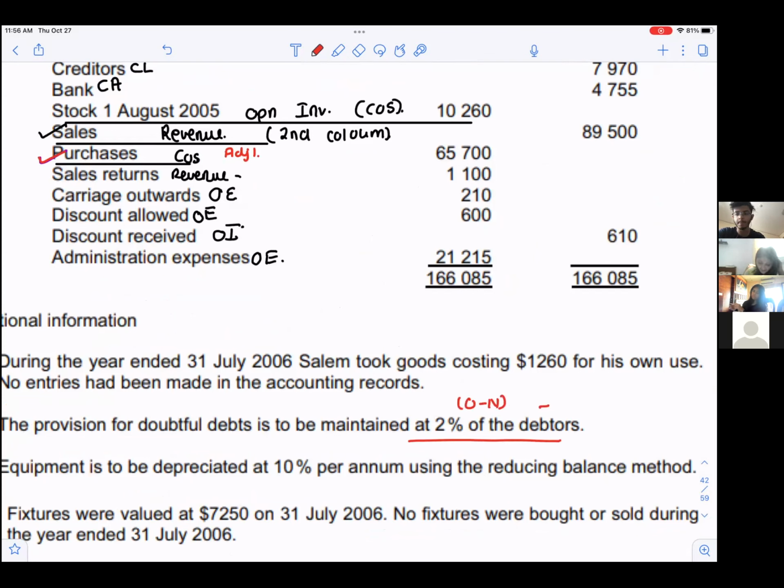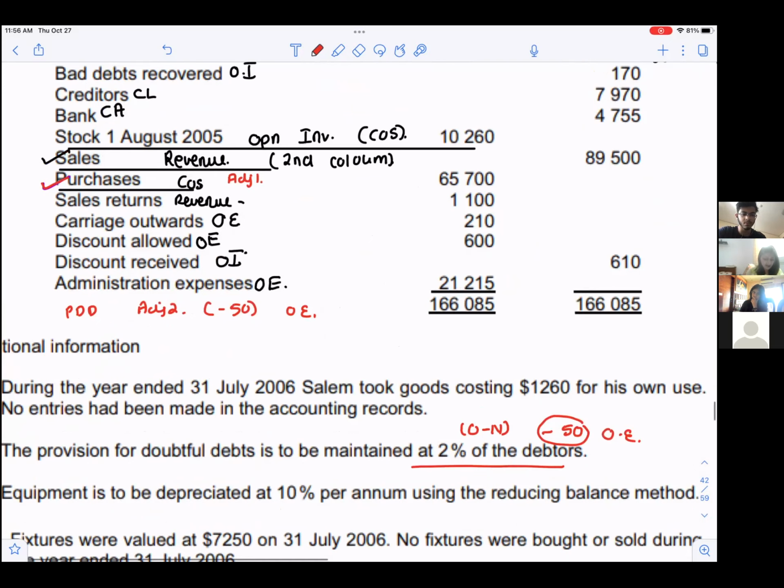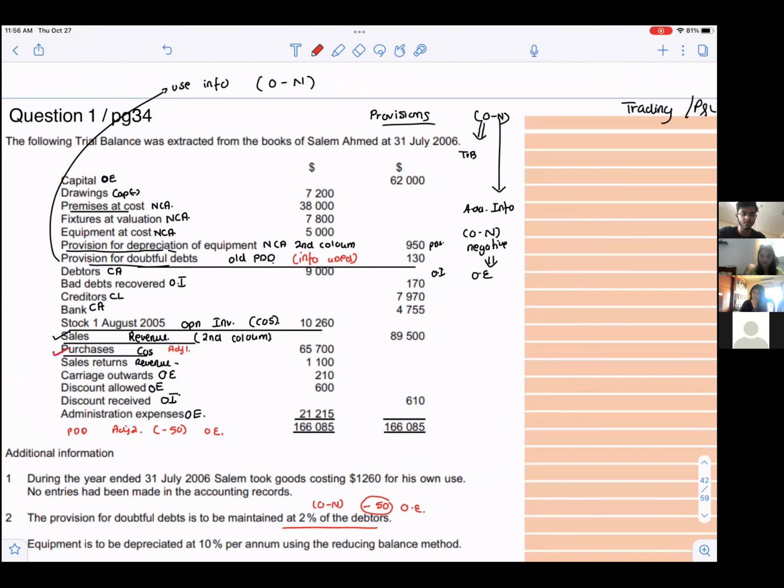It is negative 50. Negative 50 has to come in other expenses. So I'm writing PDD, adjustment number 2, minus 50, and I'm writing this OE. So when I'm going to make my income statement, my markings would suffice me.